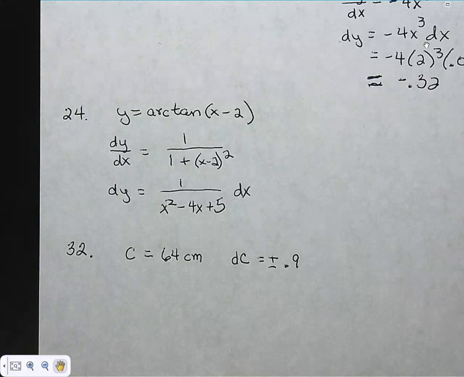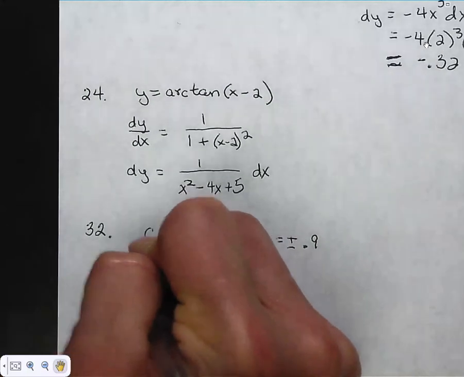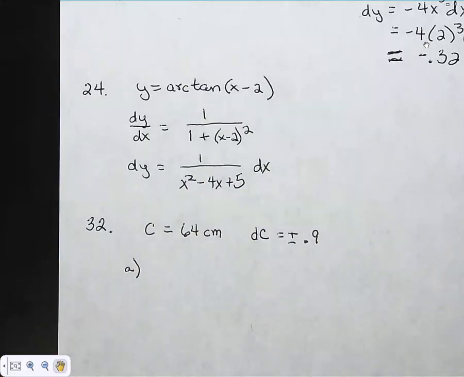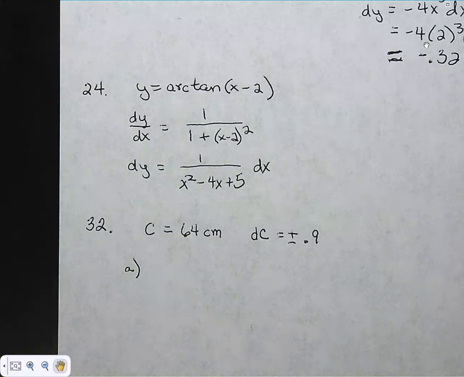Use differentials to approximate the possible propagated error in computing the volume of the sphere. Well, how do we get the volume of a sphere? We have a formula for it.